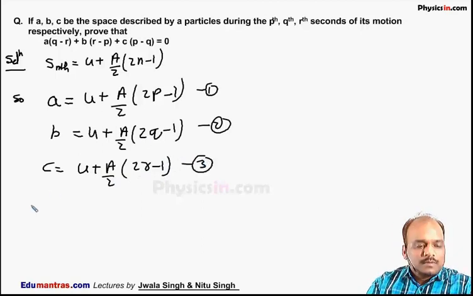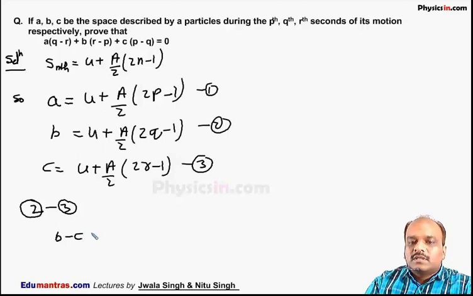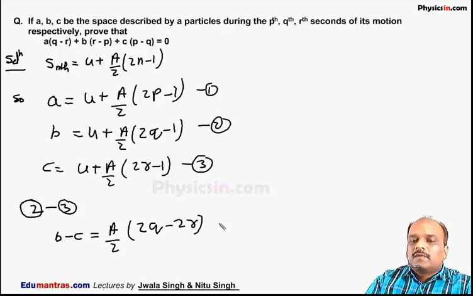If I subtract the second expression minus the third one, then we get B minus C, that is equal to, u will cancel out, a by 2 into 2q minus 2r, which is equal to a into q minus r.